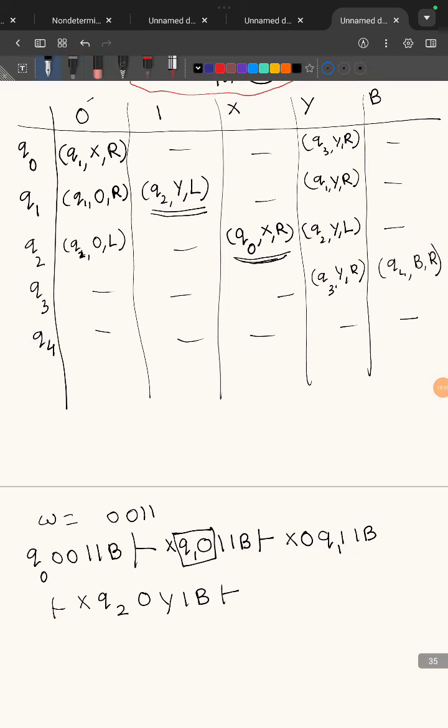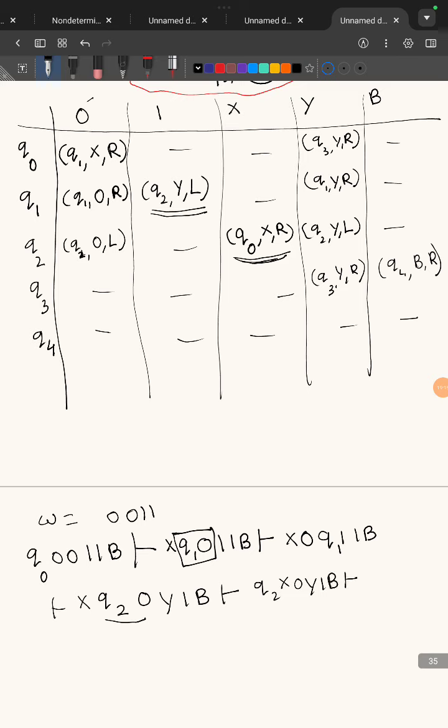Now Q2 on 0. Q2 on 0, what we are doing? We are doing nothing. We're just moving the pointer towards the left hand side. So it will be Q2 X 0 Y 1 B.